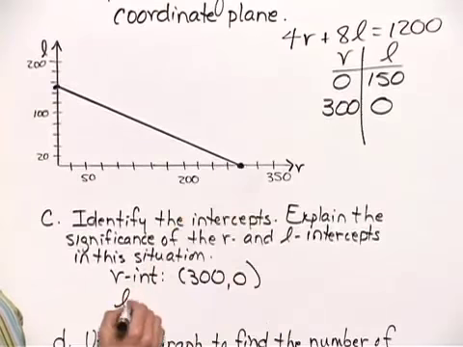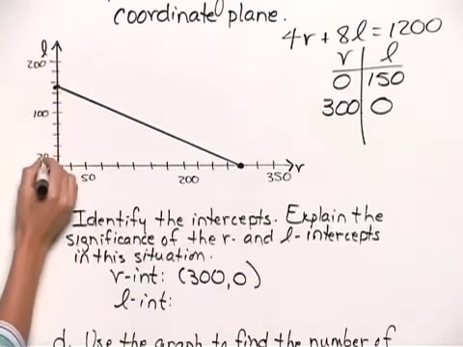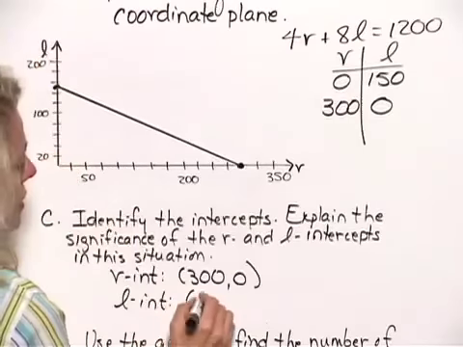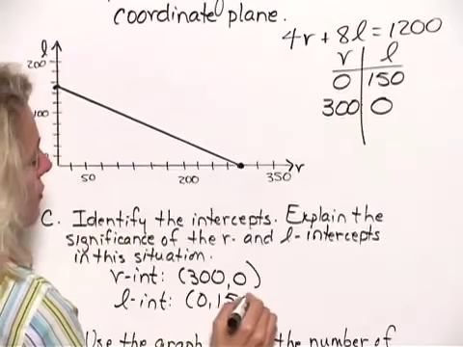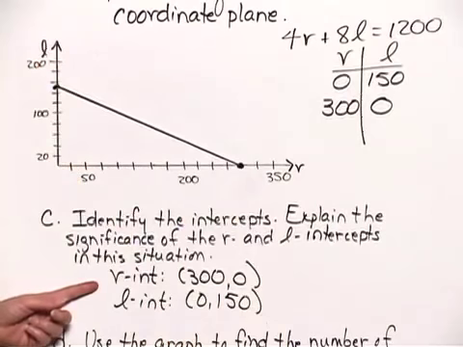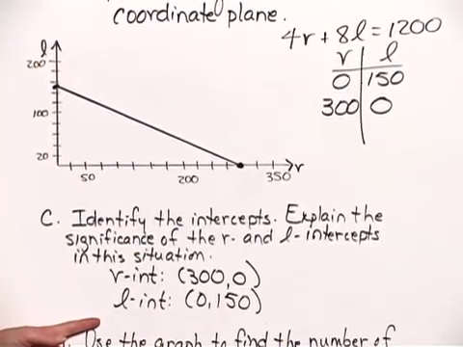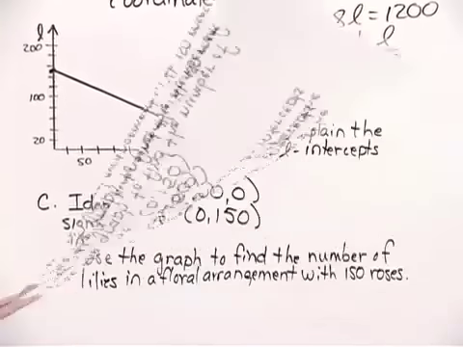And the L-intercept, which is the one on the vertical axis, is 0, 150. Now the R-intercept represents the number of roses used in the floral arrangement with no lilies, and the L-intercept represents the number of lilies used in the floral arrangement with no roses.